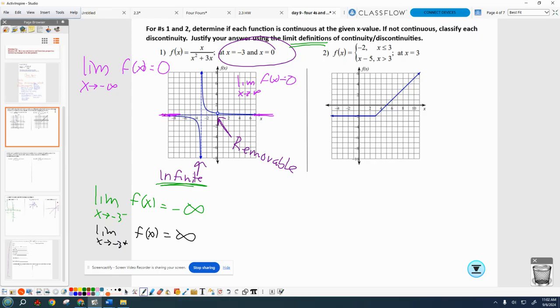Emma, how do I do the limits to show this is removable? Okay, what x value is the problem? 0. Okay, so the limit as x is going to 0, from the left, from the right.